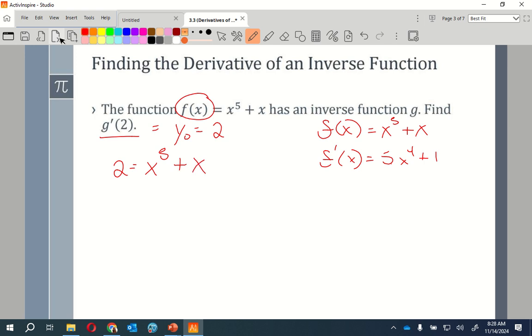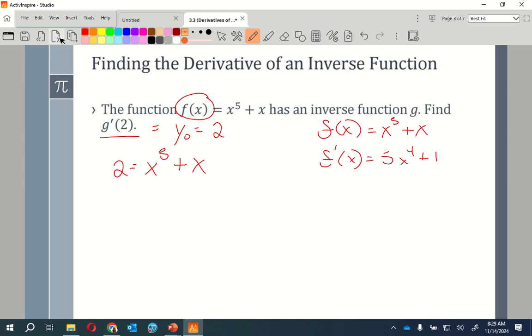Now, you've got to do a bit of creative thinking here. Because if you try and factor it out, it's going to give you a headache. I tried factoring it four different ways and it gave me a headache. Just creative thinking. What's x going to be? Why is it 1? Because 1 to the fifth plus 1 is 2.